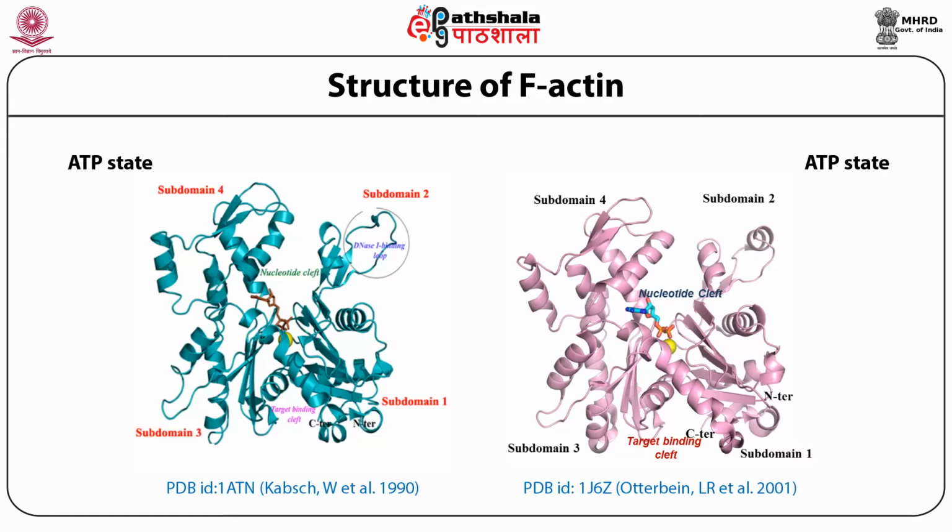The subdomain 2 in the ATP state is actually a loop, and the ATP state was also determined in complex with DNase 1 loop. That could be the other reason why domain 2 is a large loop. In the case of the ADP state, you can see domain 2 is actually a helix. So the loop converts into the helix, and the domain moves closer to domain 4.